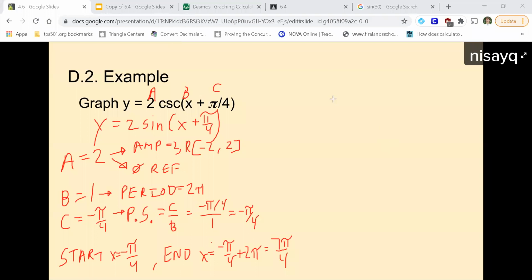So if we graph that, halfway between these two would be, if you add them together and divide by 2, 3 pi over 4.